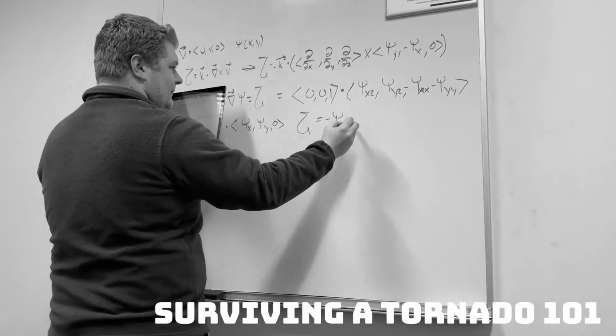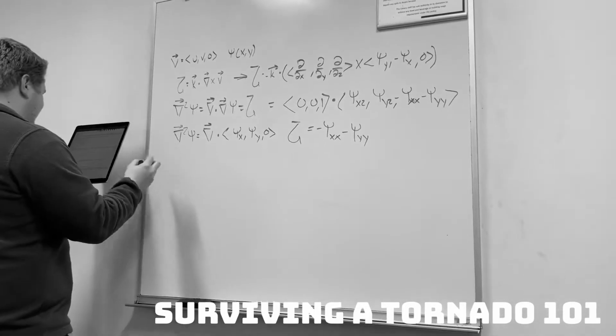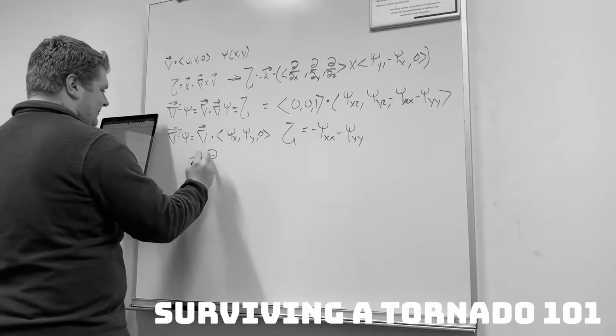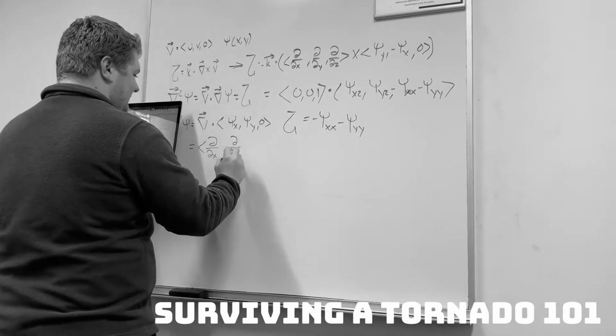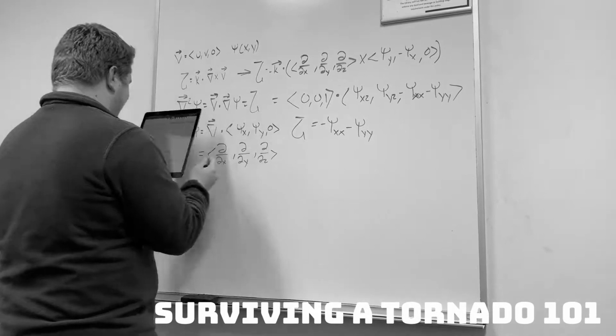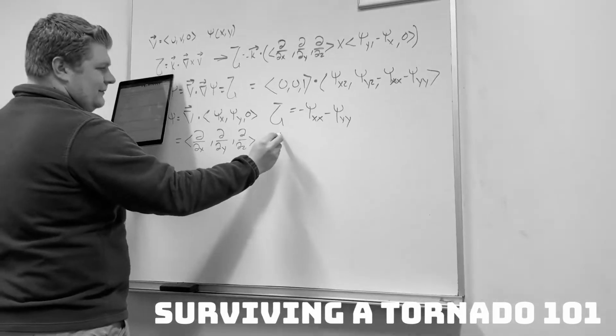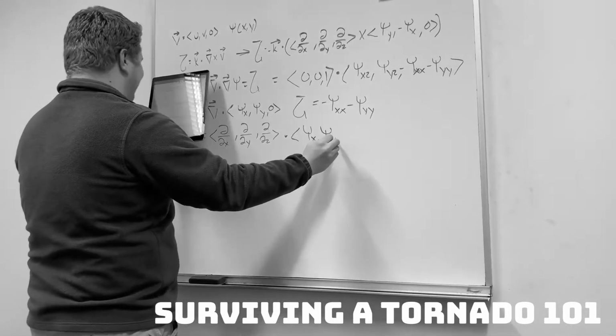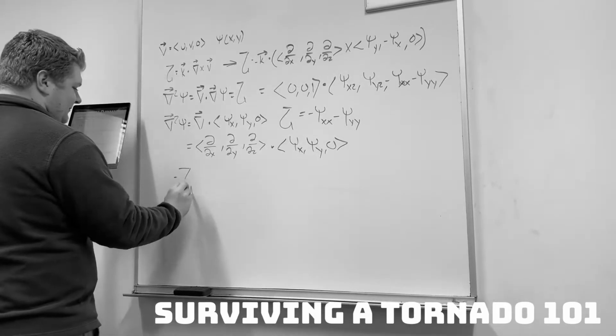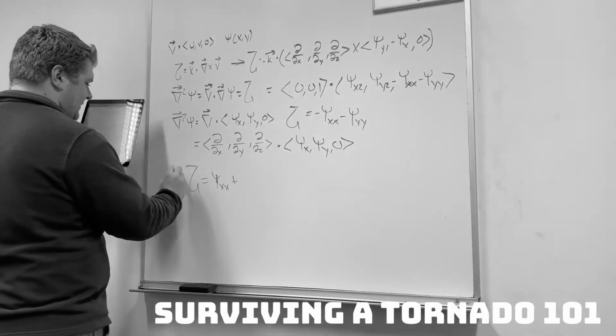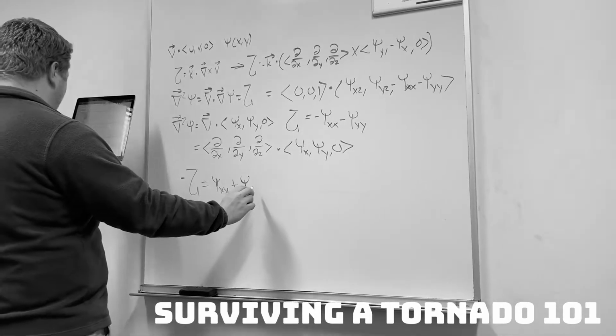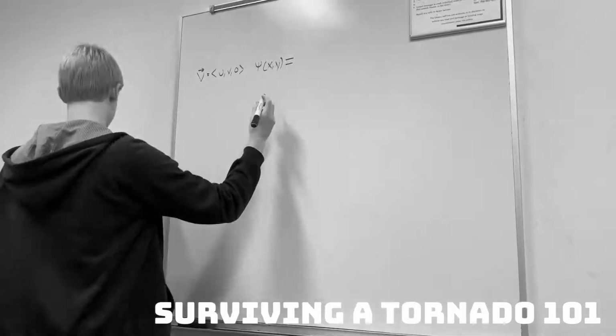We solve for zeta, which is equal to negative psi_xx minus psi_yy, which then gives us the del operator applied to (psi_x, psi_y, 0), so negative zeta equals psi_xx plus psi_yy plus 0.